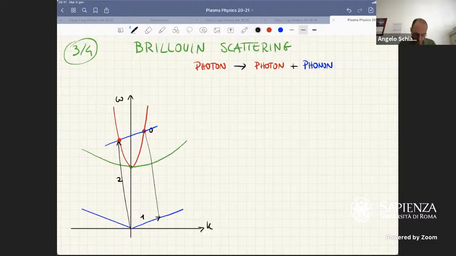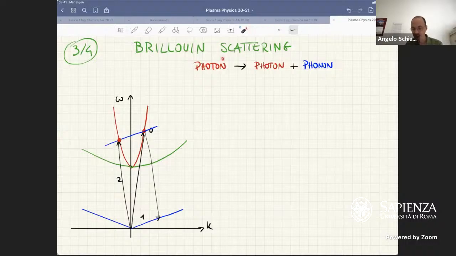Okay, and obviously the incoming vector is this one here. So you see that it is quite dangerous for us, I mean, for who want to couple energy to the plasma using a laser.